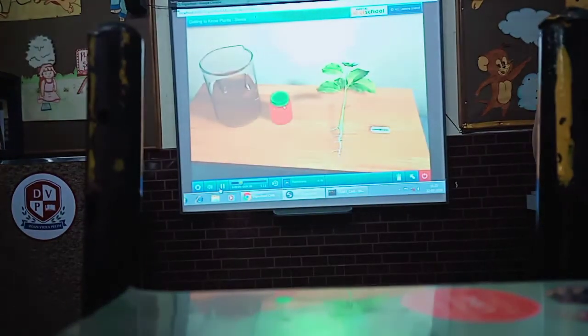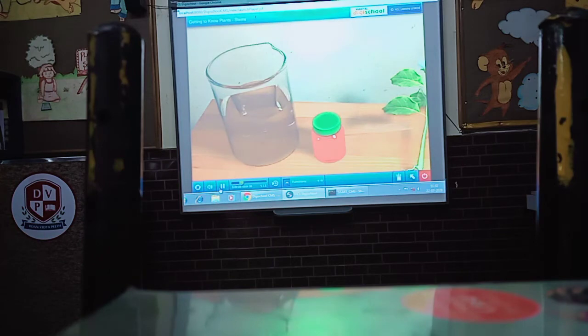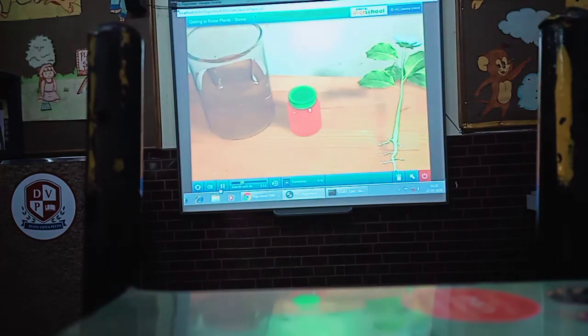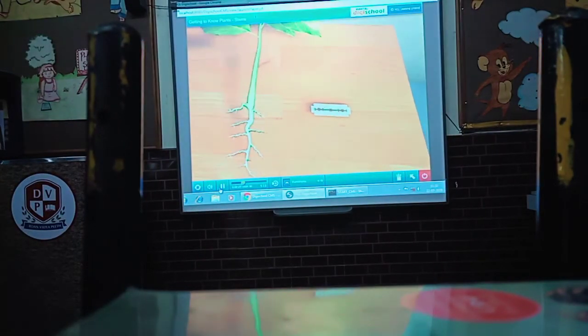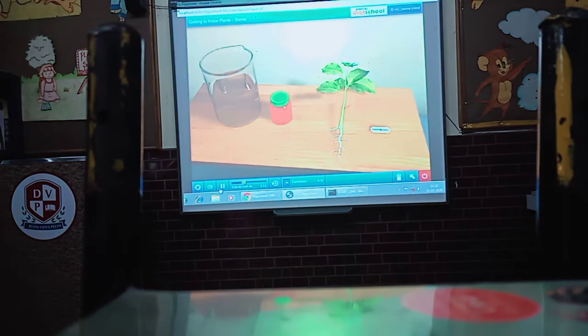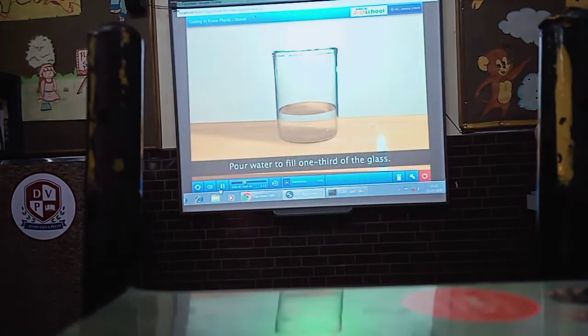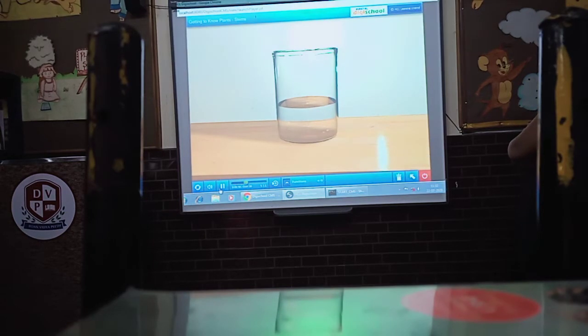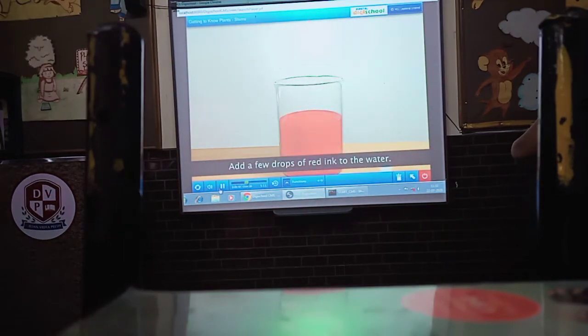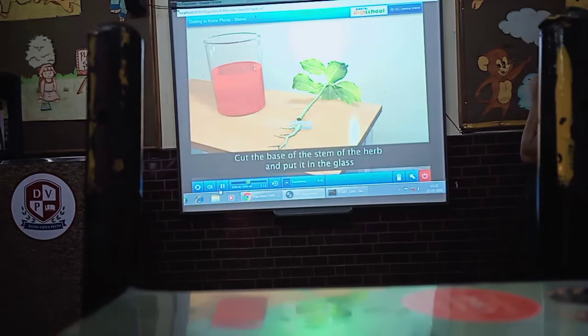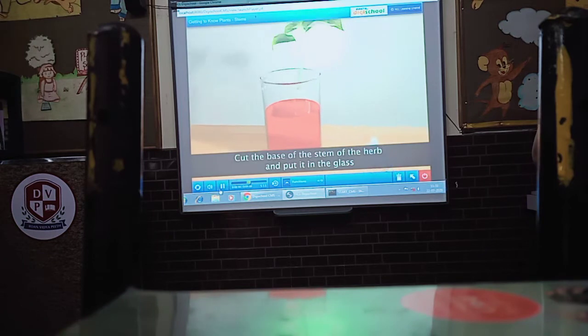We would require a glass, water, red ink, a herb, and a blade for this activity. Pour water to fill 1/3 of the glass. Add a few drops of red ink to the water. Cut the base of the stem of the herb and put it in the glass.